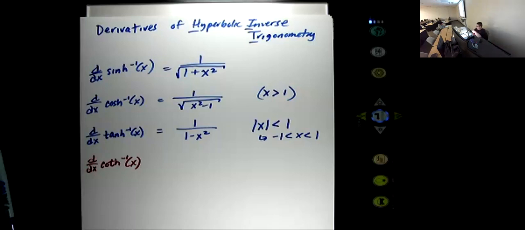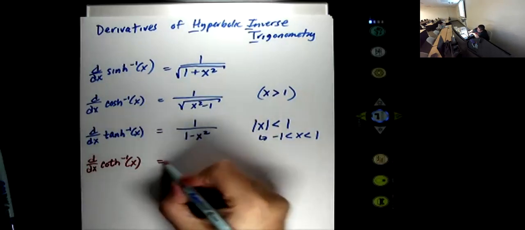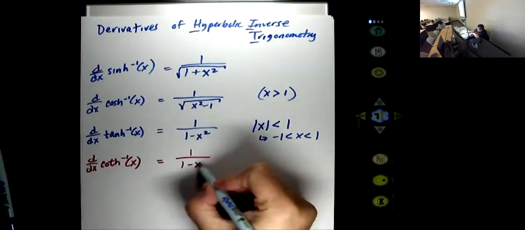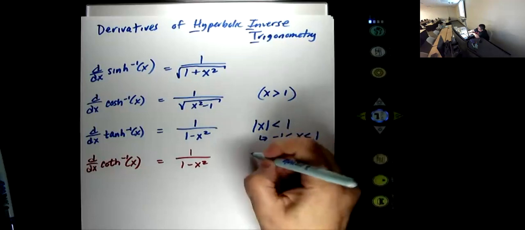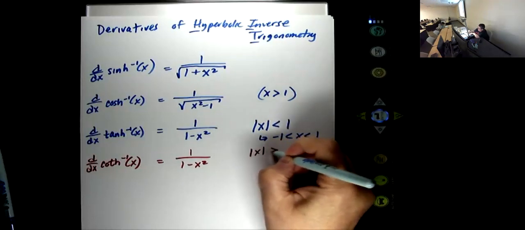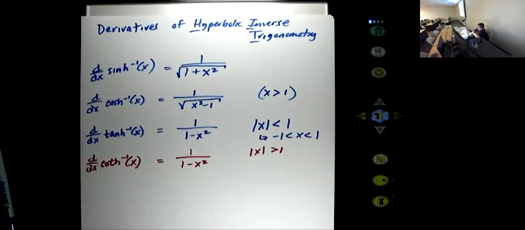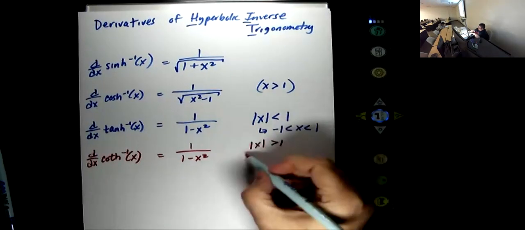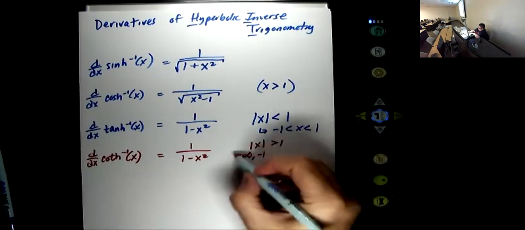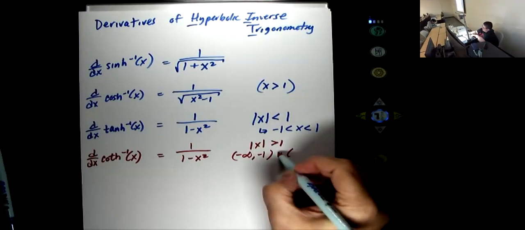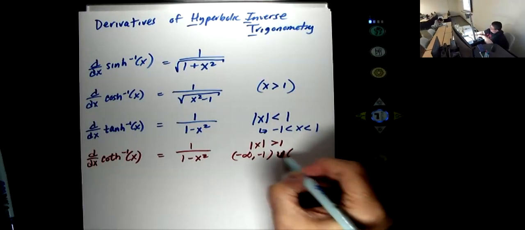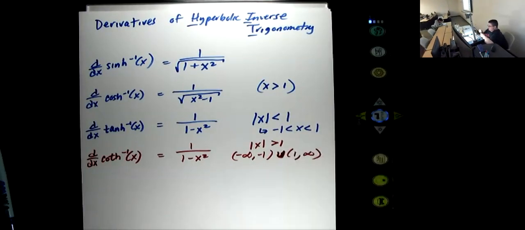Who would have guessed? It's the same thing. The only difference is here, the absolute value of x is greater than 1. So -infinity to -1 in union with 1 to infinity. See how long I kept that memorized?